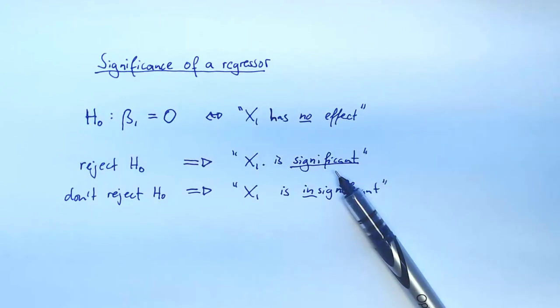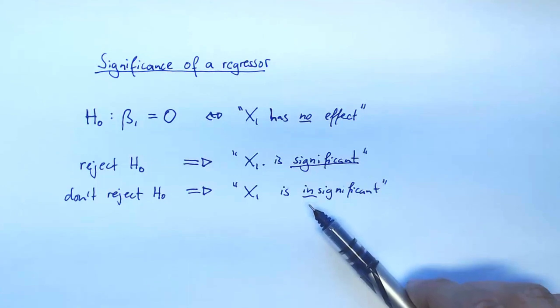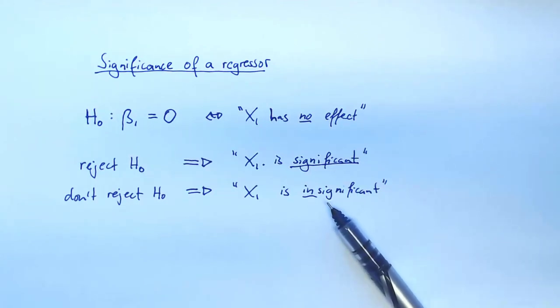So some people argue that we are never really interested in showing statistical significance, so establishing that the effect is not 0. What we are mostly interested in is also showing that the size of the effect matters and is economically meaningful. Second comment: suppose you don't reject the null hypothesis, so you show that x1 is insignificant.